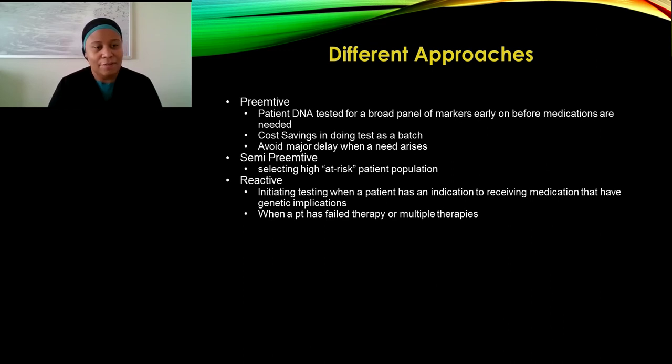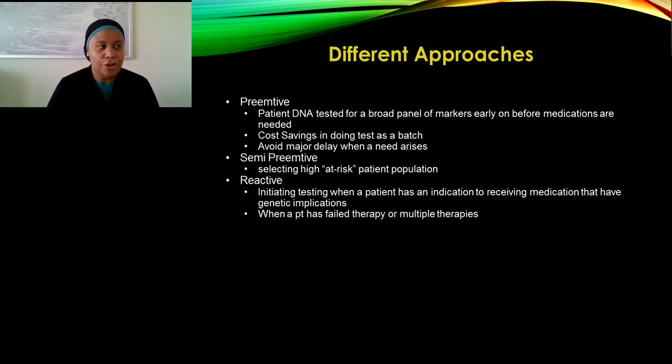The other advantage of preemptive is it avoids a major delay when a need arises. For example, no one's immune from depression, no one's immune from pain management, because an incident can happen in one's life. And how long would you need to get these results back to initiate the right medication? So that's how we look at preemptive.